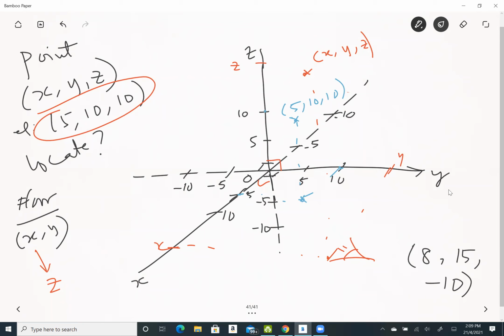Nur Izzatul, where is the point? Not yet, sir. Who has located the point? Anybody? Syahira, you get the point? Fatin, where is the point?